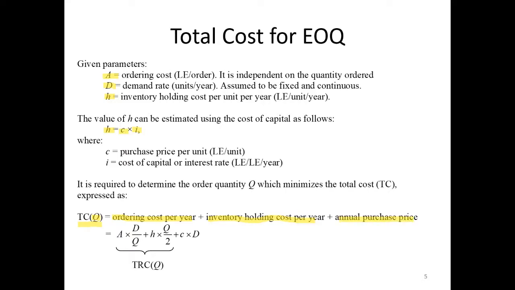Now, as you can see here, in this function, we have actually two terms that depend on the value of Q, which is our decision variable, and the third term is fixed because it's simply the multiplication of the price per unit times the demand rate, which is also fixed. So in this case, the part of the total cost function that includes the decision variable Q is referred to as the total relevant cost, as shown here.